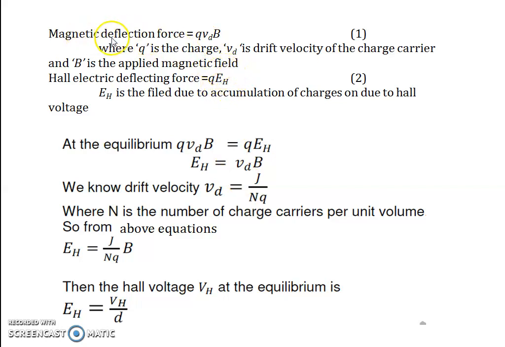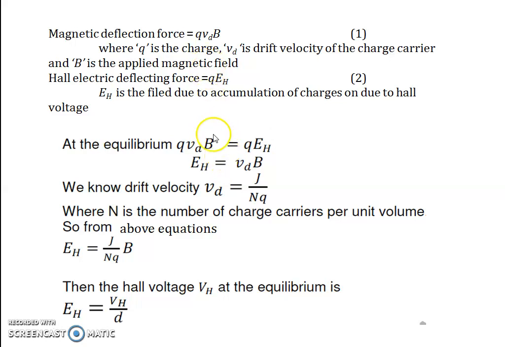Now the deflection due to the magnetic force, how much deflection happens due to the magnetic field, is given by Q times V_D, because it's a drift velocity since you are applying some current, and B is the field. As the Hall voltage is developed, it will be exactly opposite to that, because there is a potential development, so there is a field, and the charge Q will experience a force due to that also.